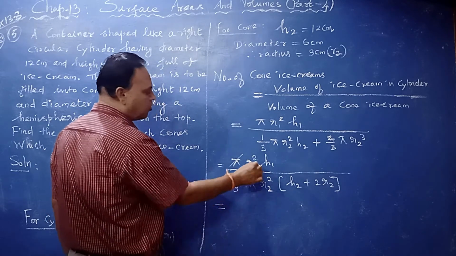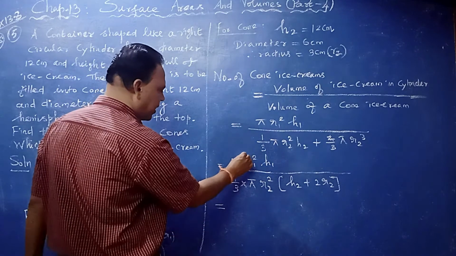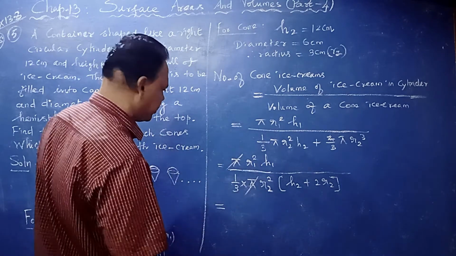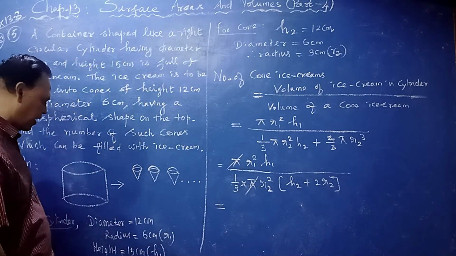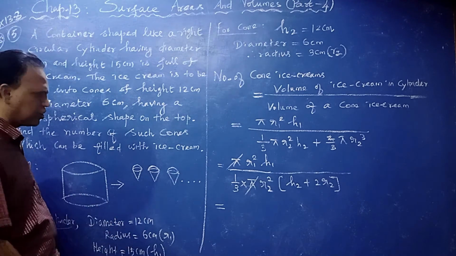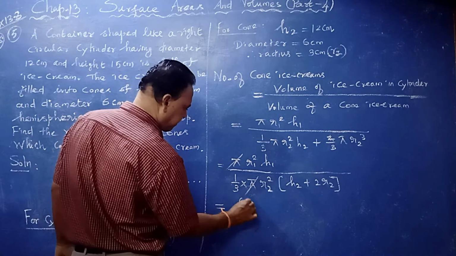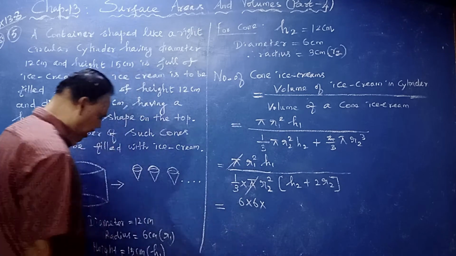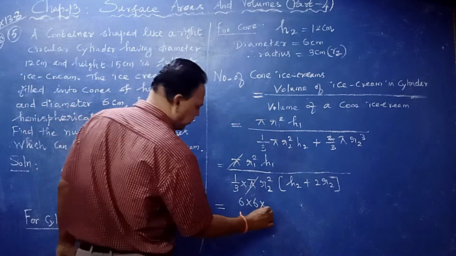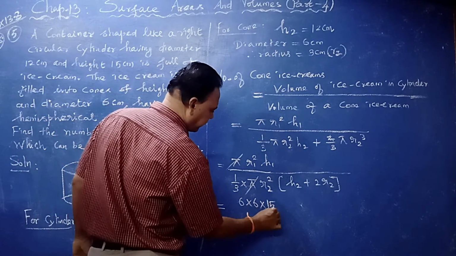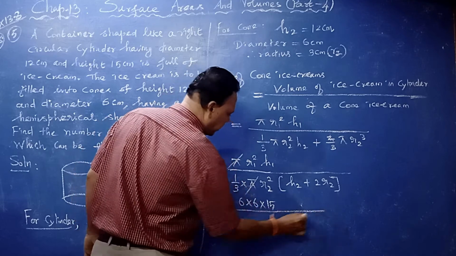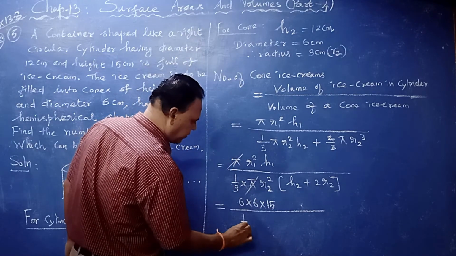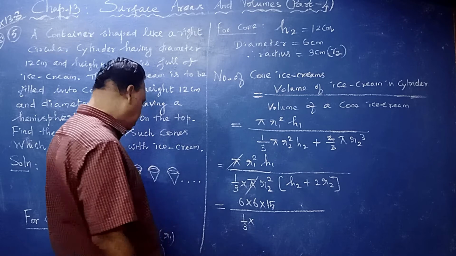Now you see here, pi you can cut. Now R1 squared is what? 6 into 6. H1 is what? 15. Whole divided by 1 by 3 into R2 squared.